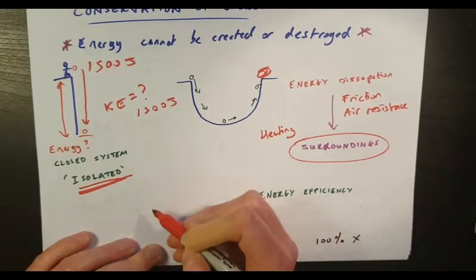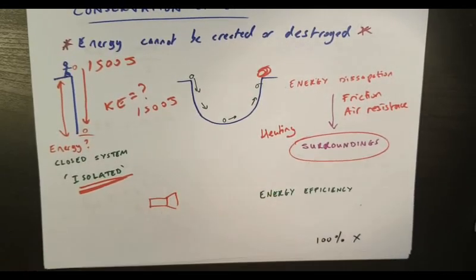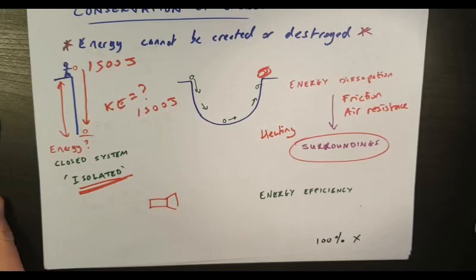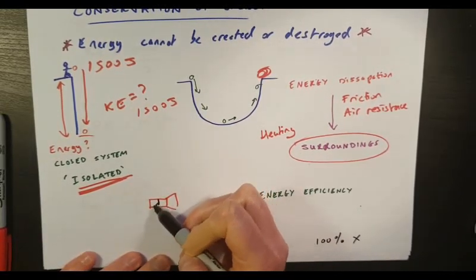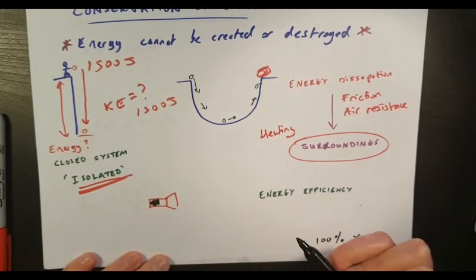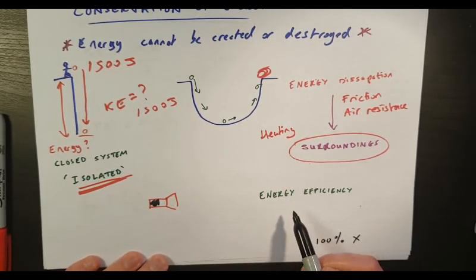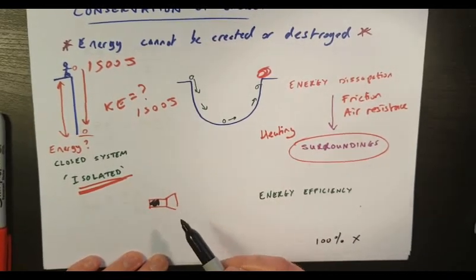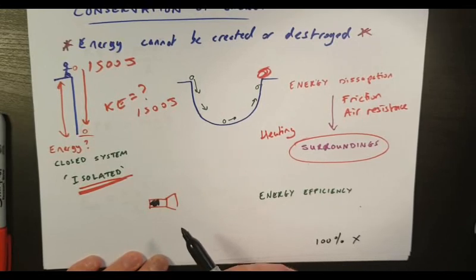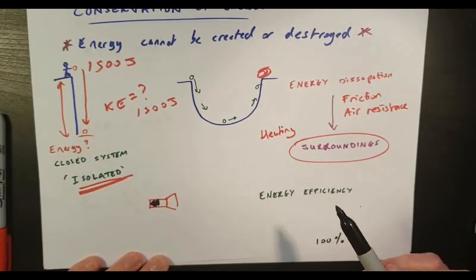So let's go back to that example of the torch. We said you could have chemical energy in the battery of the torch, and you're going to have a certain amount of energy. Energy efficiency is what proportion of the chemical energy that you're inputting is coming out as useful energy.